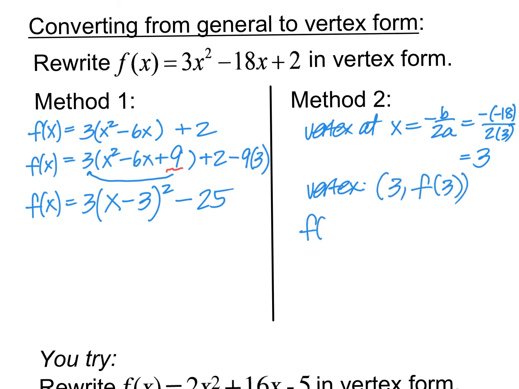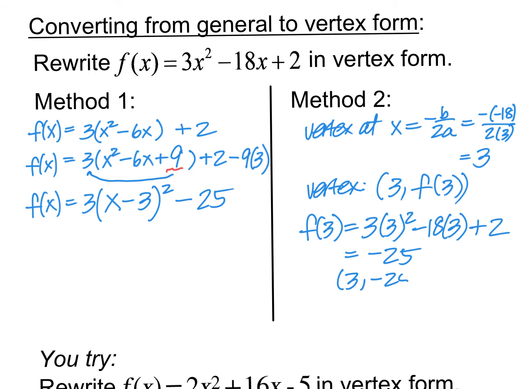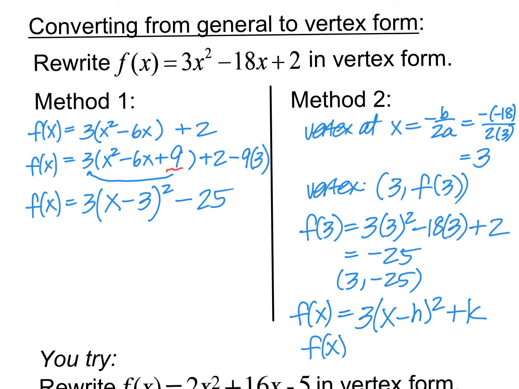So you plug 3 into my function, and you have 3 times 3 squared minus 18 times 3 plus 2, and this simplifies to negative 25. So the vertex is at 3 comma negative 25. So then you take that fact and you insert it into my formula. Now, h comma k is my vertex, and so I have 3 times x minus 3 squared minus 25.